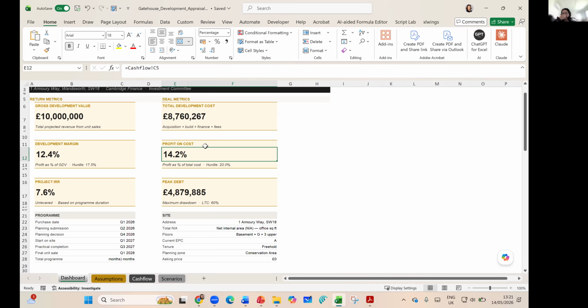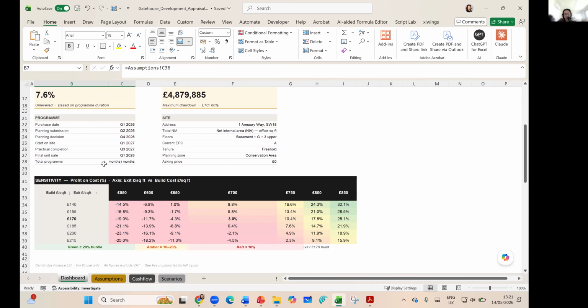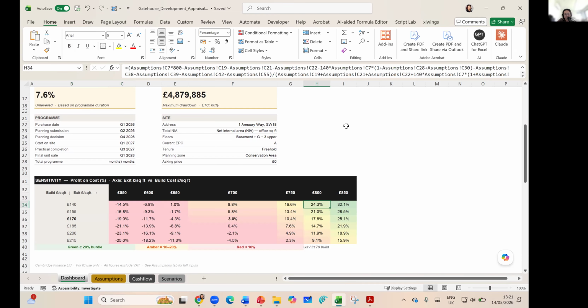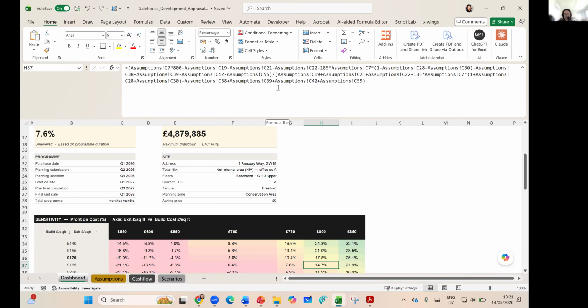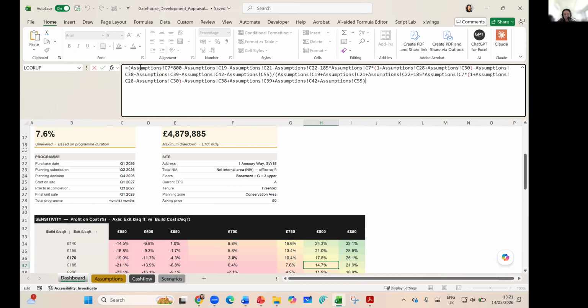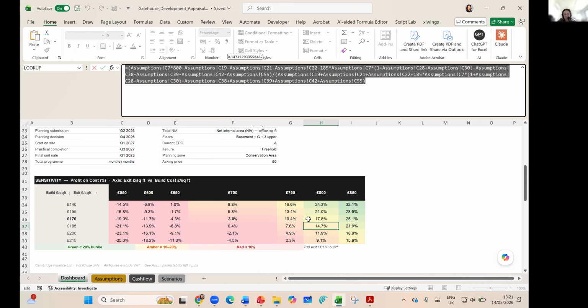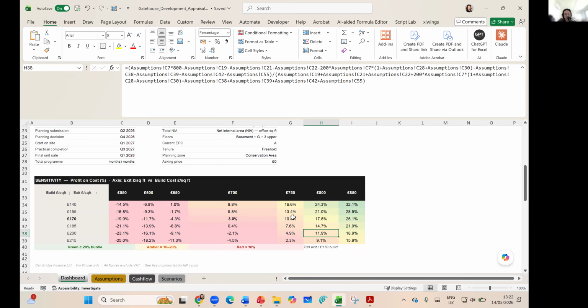One thing that you really need to think about is the GDV. This is an interesting sensitivity analysis.